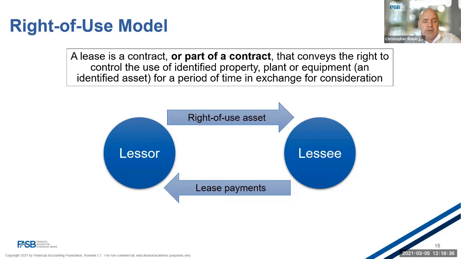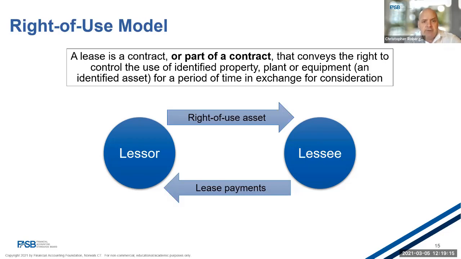You can have a lease that's embedded in another contract, such as a service contract, often referred to as embedded leases, and that's been discussed a lot as the standard was applied, noting that the board did not intend to significantly change how a lease was defined, and therefore it wasn't its intention to capture more contracts that would qualify as leases.